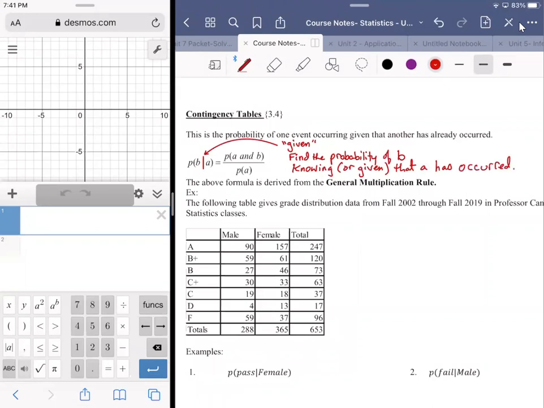All right, so that's what all that means. It's like, okay, knowing that A's already happened, what's the probability of getting B?